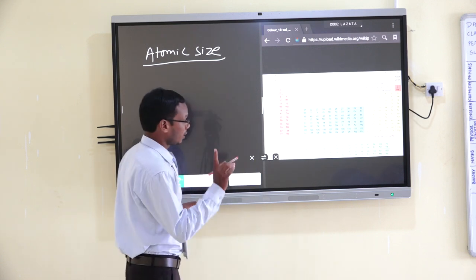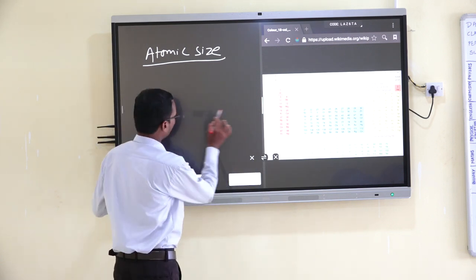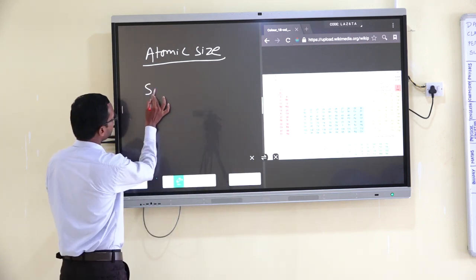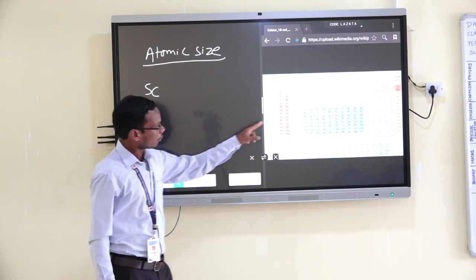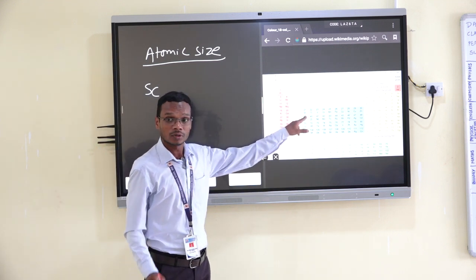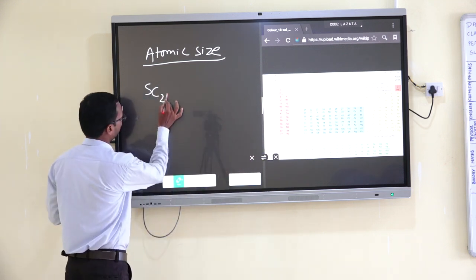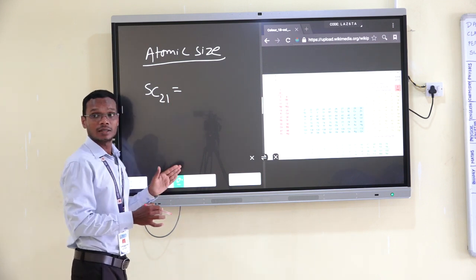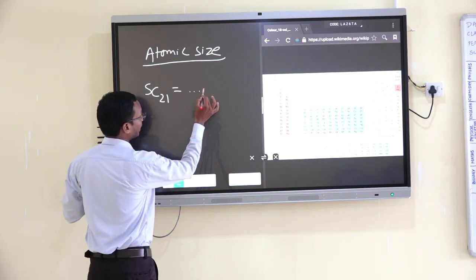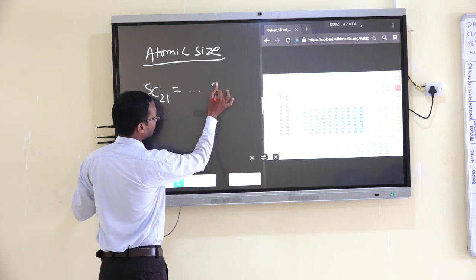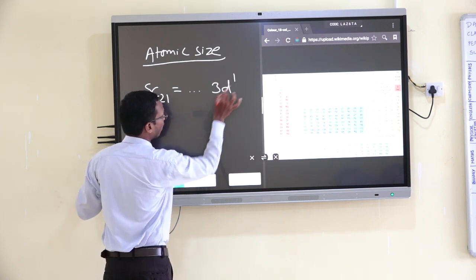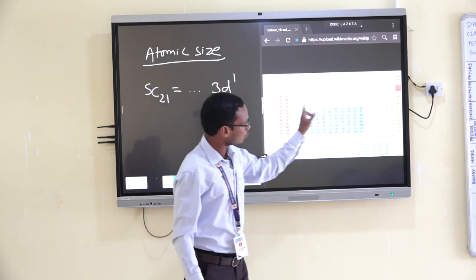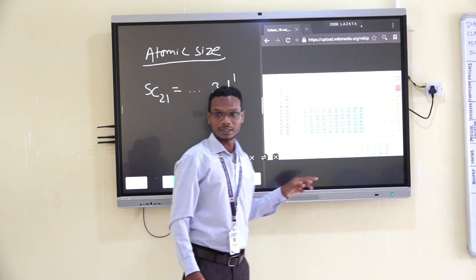Now consider one. Listen carefully. What is the atomic number of scandium? 21. What is the electronic configuration in the last orbital? 3d1. Good. Then consider the last element, zinc.